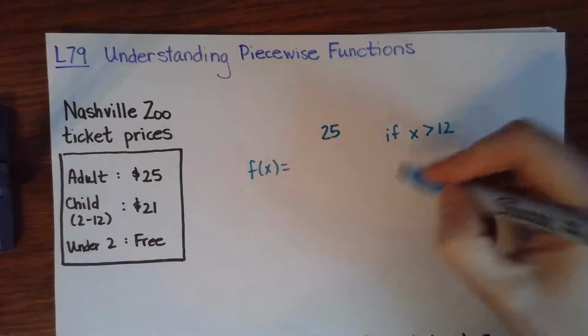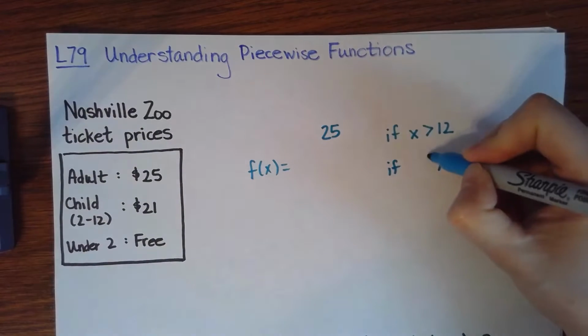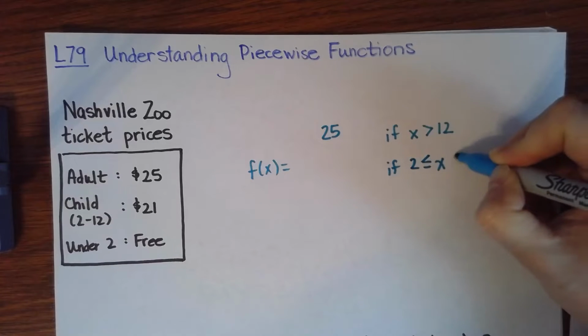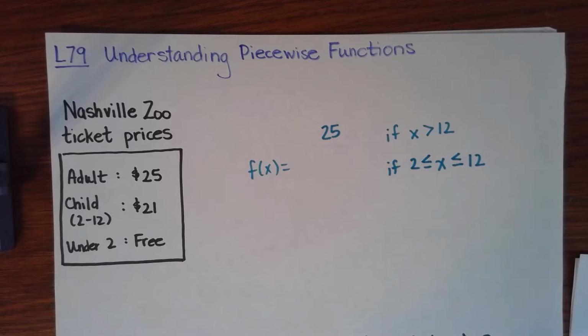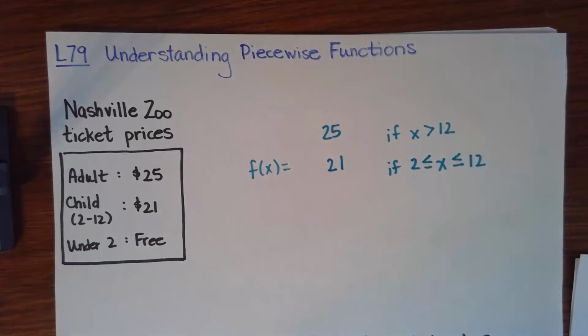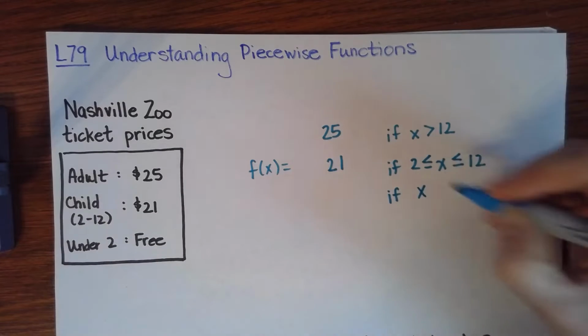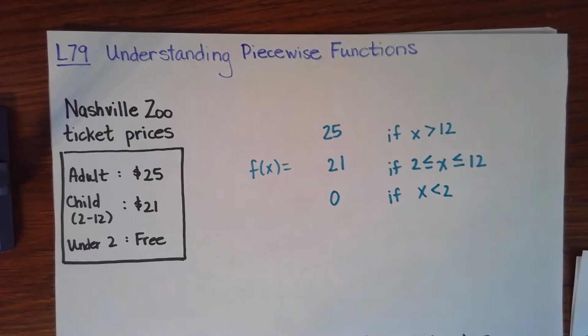Okay, if on the other hand, I have an x value and it's greater than or equal to 2, but less than or equal to 12, that's what the child ages are, and that would be $21. And if you happen to have a child and the age is less than 2, then it would be 0. It would be free.